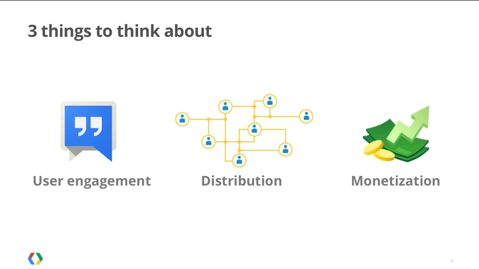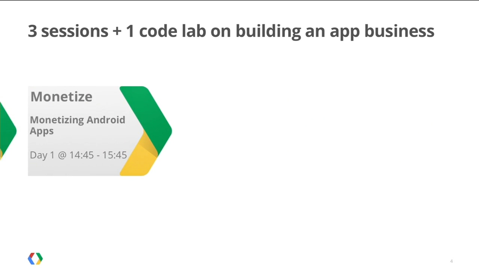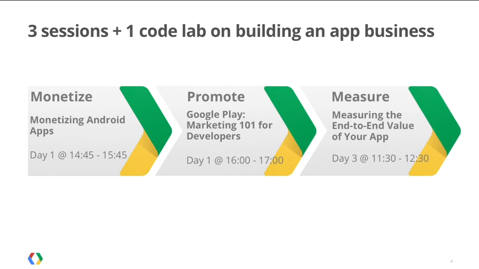So at Google I/O, we actually have three sessions that cover these different categories. We're talking right now about monetization. Following immediately in this room at 4, our colleagues Patrick and Kushagra are going to be talking about promoting your app, how to find new users and distribute your app.